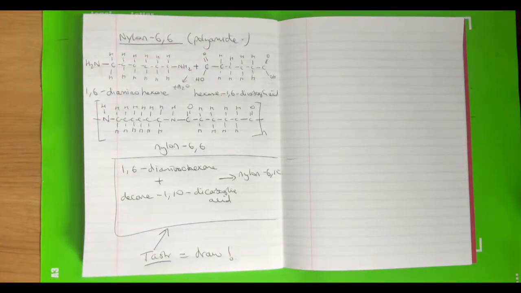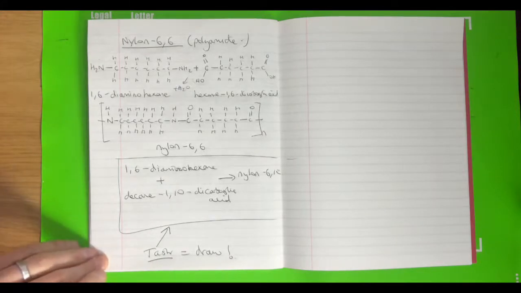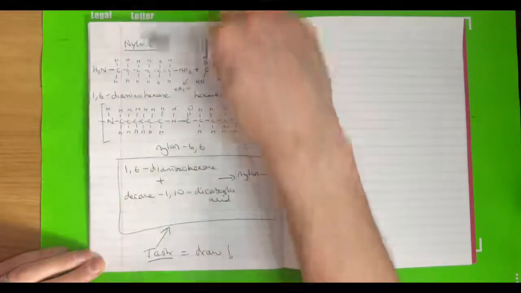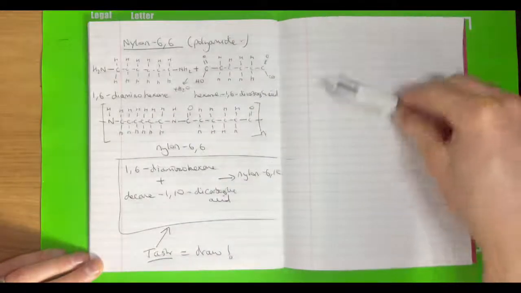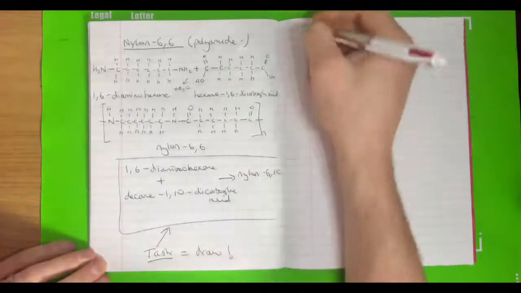Okay, so let's have a look at Kevlar now. Kevlar is another example of a polyamide. So we've got nylon 6,6 here, and nylon 6,10 there. We're going to do Kevlar on this side, which is another example of a polyamide.